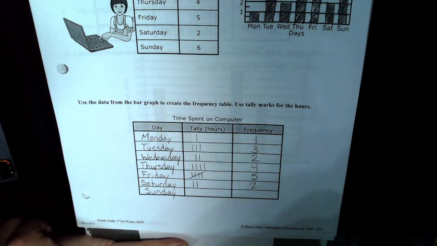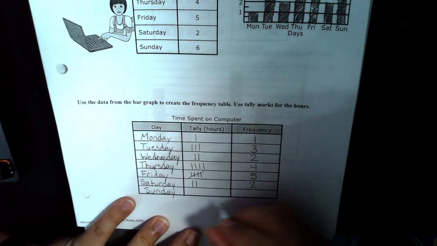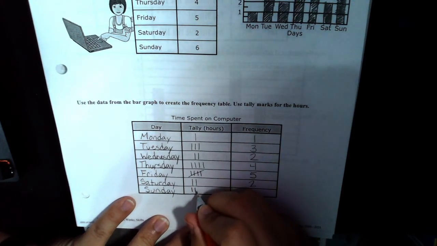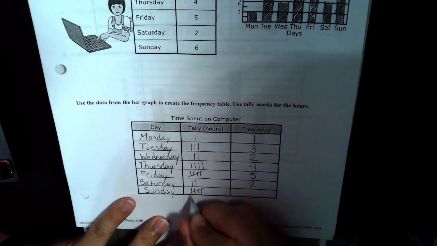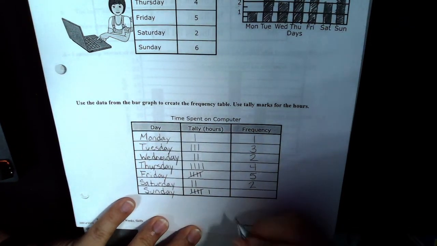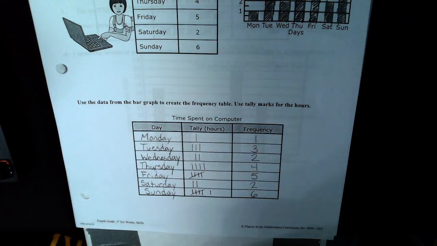How many hours, Chase? 6. So I'm going to put 6 tallies. 1, 2, 3, 4. Again, the 5th one goes diagonal. 5, 6. My frequency is 6. Awesome. That's it for Skills 19.